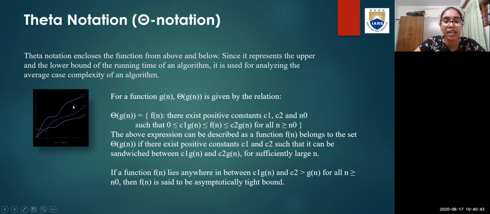So in this case, I can say that f of n is asymptotically tight bound. And theta notation is usually used for analyzing the average case complexity of an algorithm. And the important point is that your f of n function should be sandwiched in between both. Like it should give you the upper bound and also the lower bound.